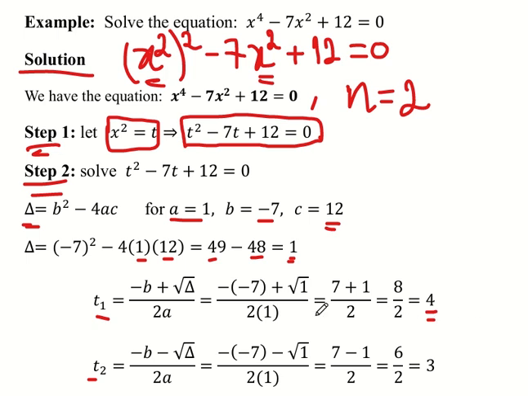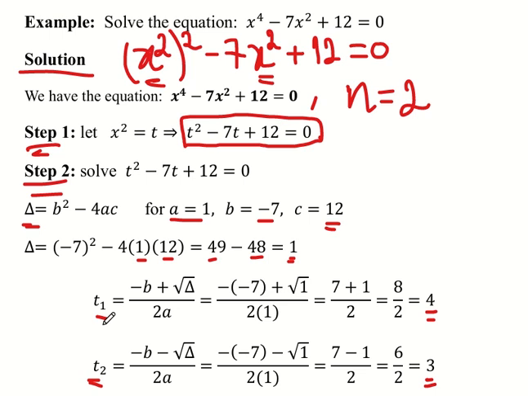So t1 equals 4. For t2, we use the formula minus b minus square root of delta, divided by 2a. This equals 7 minus 1, which is 6, divided by 2, which equals 3. So t1 equals 4 and t2 equals 3.